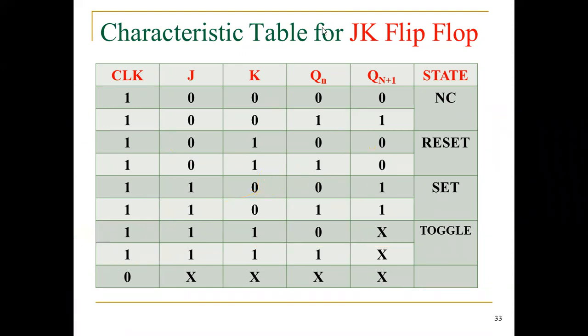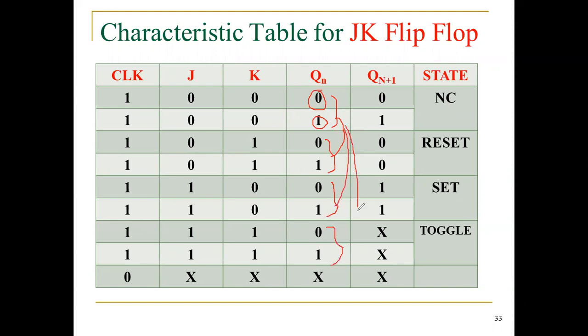Now instead of this, I'm considering my clock input equal to 1. Then I'm going to check each and every JK state along with the previous state. Initially I assume the previous state is 0 and then 1. It has to be repeated for all the sets of inputs. For all the sets of inputs, what will be the change?